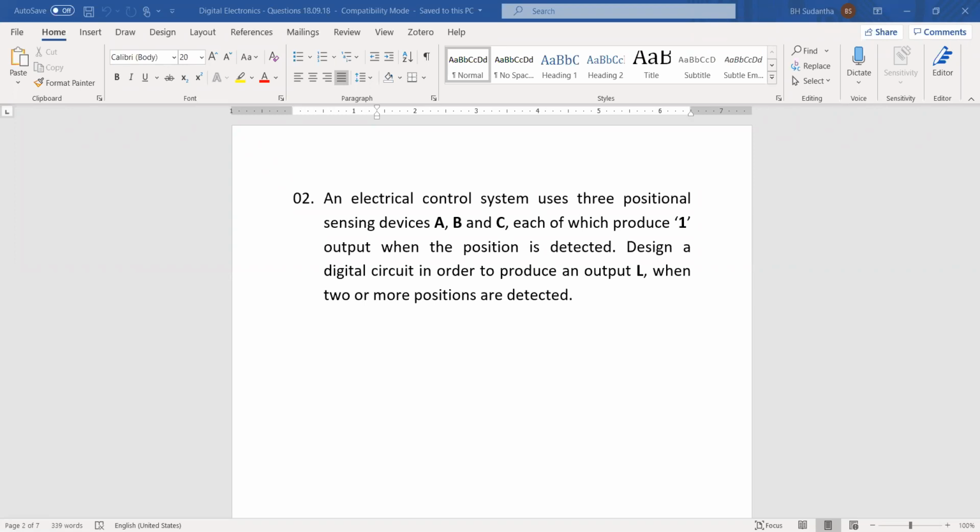Okay, shall we try this? If you have done that one, can you check whether you have done it correctly? Okay. Then block diagram.